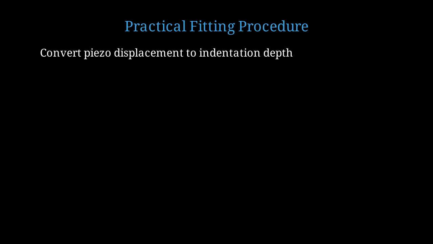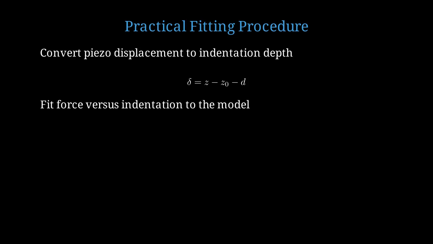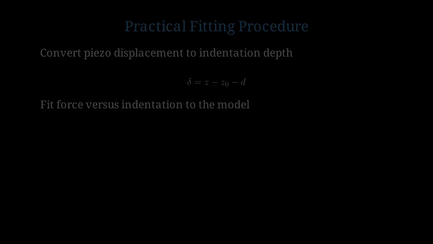This is critical because the cantilever itself bends. Delta equals Z minus Z0 minus D, where Z is piezo position, Z0 is the contact point position, and D is cantilever deflection. Third, plot force versus indentation and fit to your chosen contact mechanics model. Use nonlinear least squares regression to extract E star and adhesion parameters.